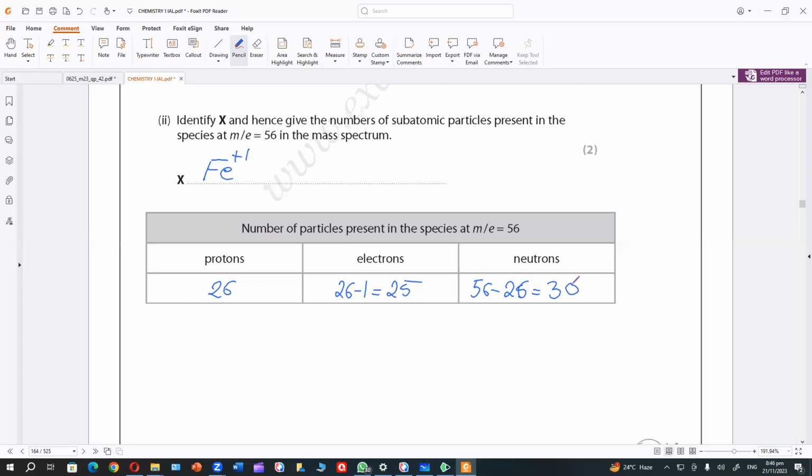Look at the answers: how we find neutrons.